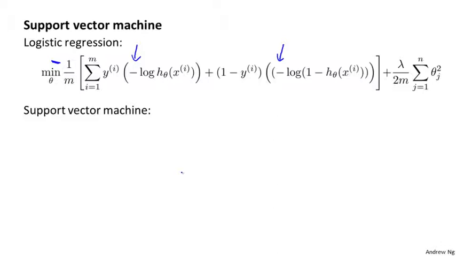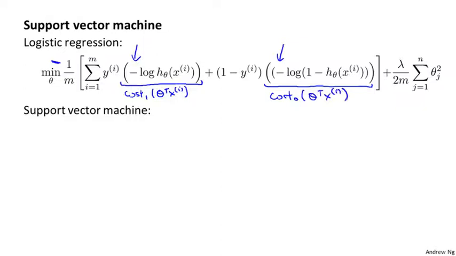For the support vector machine, what we're going to do is essentially take this and replace it with cost 1 of theta transpose x, and take this and replace it with cost 0 of theta transpose x. Where the cost 1 function is what we had on the previous slide that looks like this, and the cost 0 function is again what we had on the previous slide that looks like this.